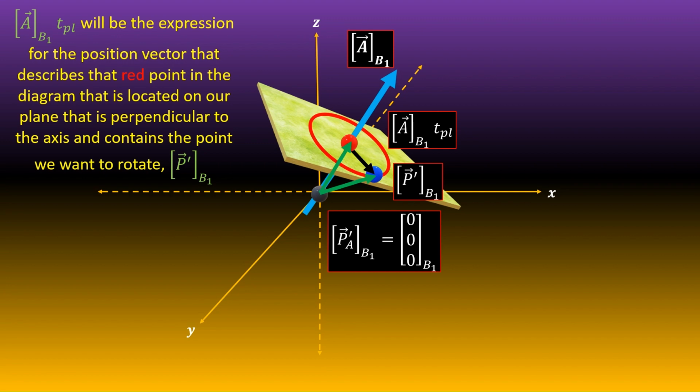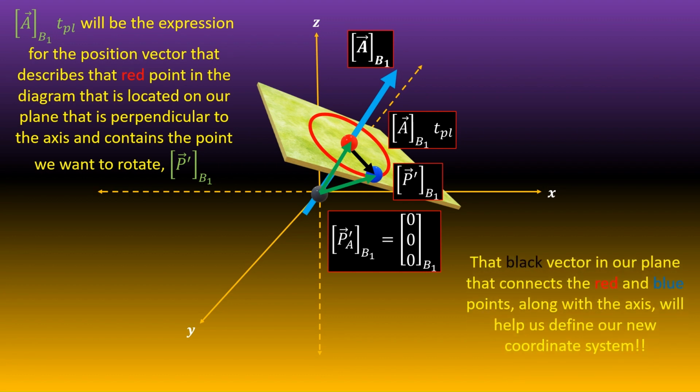And so this vector will be your axis vector scaled by some amount because it's located on the axis. So the scaling factor will be T sub PL, or TPL. So A times TPL will be our expression that describes this new vector, pointing to that red ball.